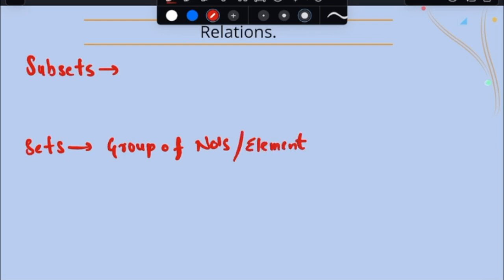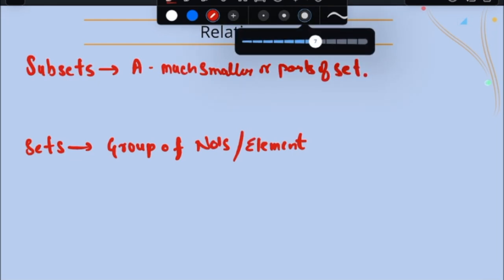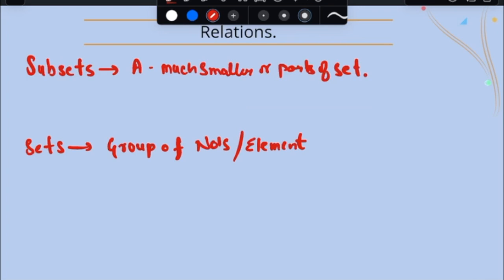And what is a subset? A subset is a much smaller part of a set. You can say parts of a set are also called a subset.